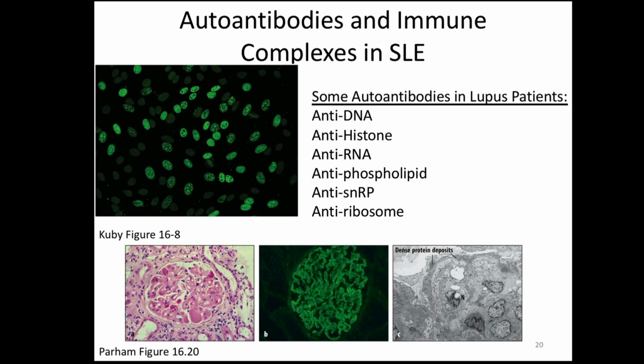Some of the antibodies that are commonly seen in lupus patients are listed here, which include anti-DNA antibodies, anti-histone antibodies, anti-RNA antibodies, anti-phospholipid antibodies, anti-snRNP antibodies, which are part of the nucleolus and splicing, and anti-ribosome antibodies.